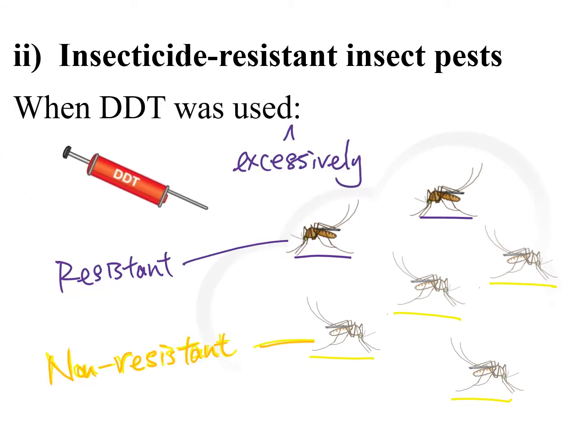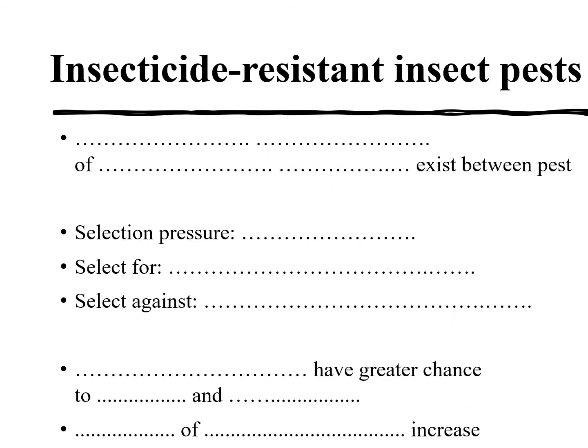However, when the DDT pesticides were used excessively, the insecticide-resistant mosquitoes survived, while the insecticide non-resistant mosquitoes were all killed. The natural selection occurs in the insecticide-resistant mosquito like this.